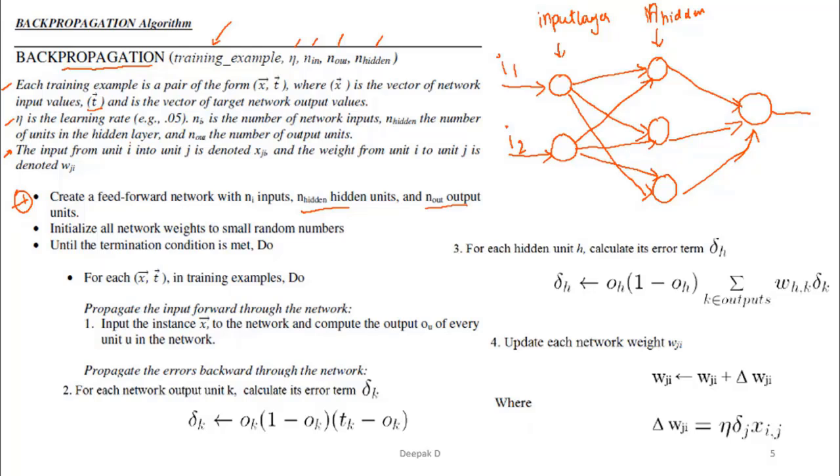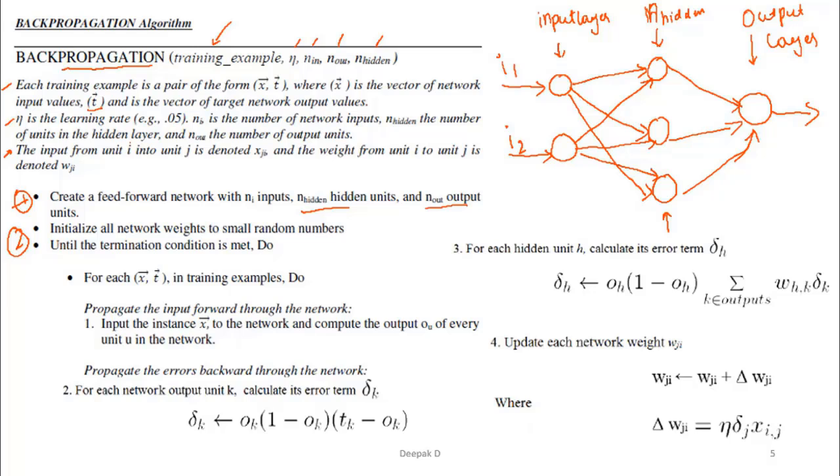Here there are three hidden nodes in the hidden layer and one output node in the output layer. So this is our first step, that is creating a feed forward network with n in inputs, n hidden units and n out output units.